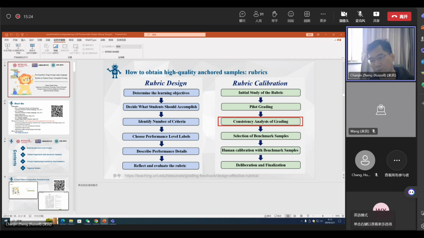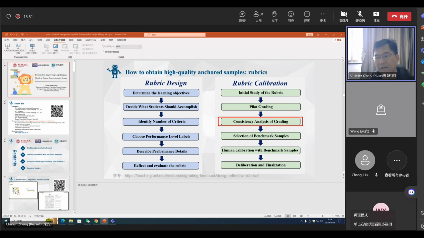Then this group of people does human calibration and discussions. They are supposed to get a feeling for what kind of essay can go to grade A, B, or C by the end of the training session. This is what I have typically done in the high-stakes training session scenario. If there's one complication here, it's the consistency analysis of grading.